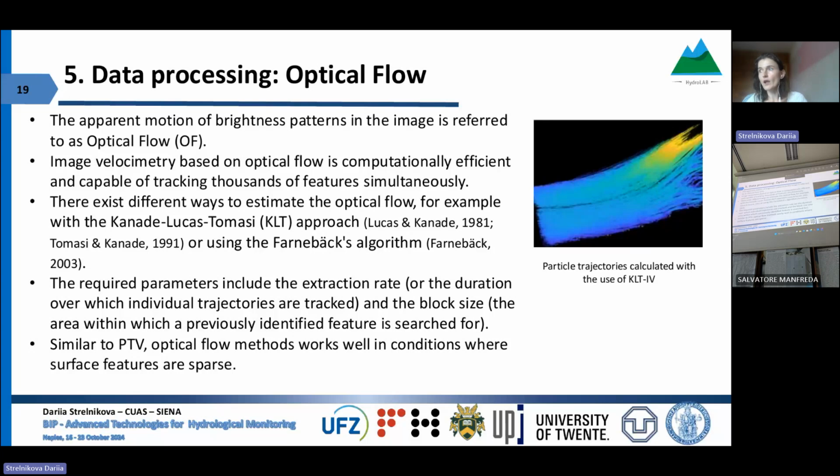So this makes it easier also in cases when you apply artificial tracers, because you do not need that many of them, and the experiment design becomes much cheaper. So these are the three large groups of methods that can be applied at the data processing stage.